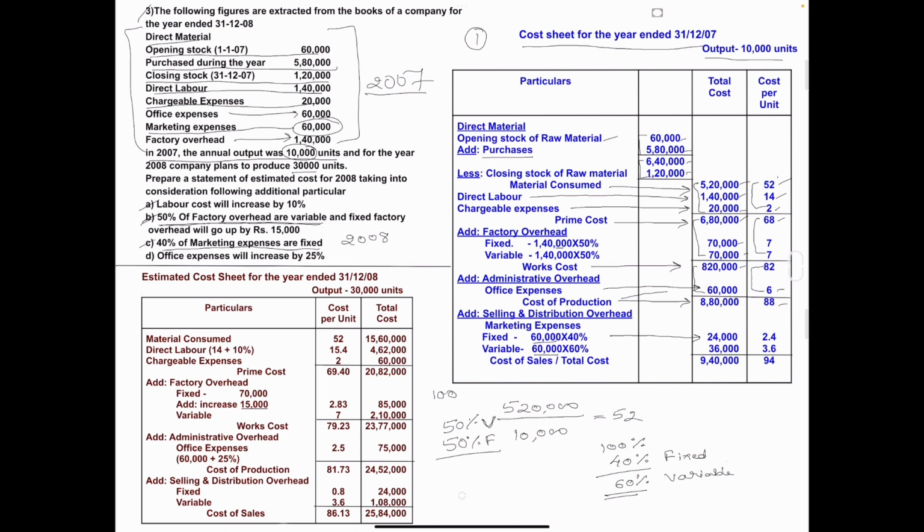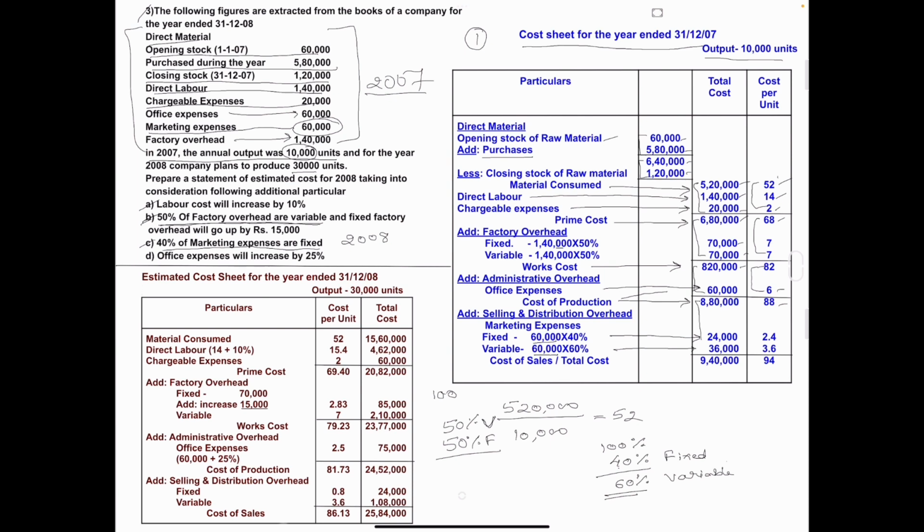From 100 we have to minus 40%. You will get 60%, and this we have to take as variable. 60,000 into 60%, amount is 36,000. Per unit what we will do? 24,000 divided by 10,000, 2.4. 36,000 divided by 10,000, 3.6.